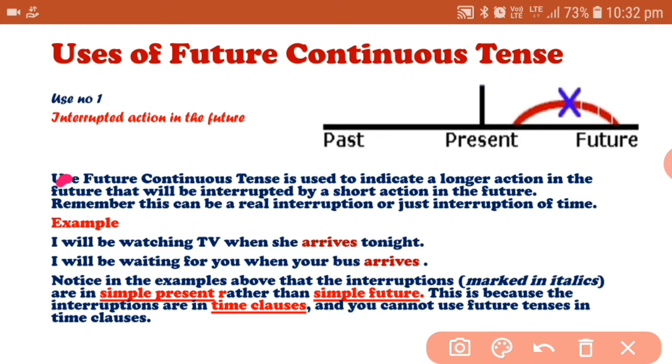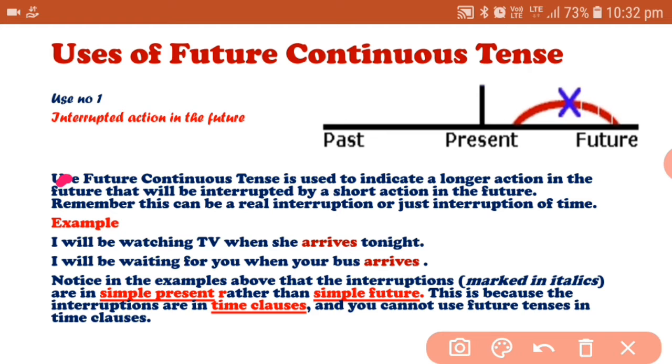That will be interrupted by a short action in the future. Students, just concentrate on what I am saying to you. Future continuous tense is used. Why? To indicate a longer action. When? In the future. For what?